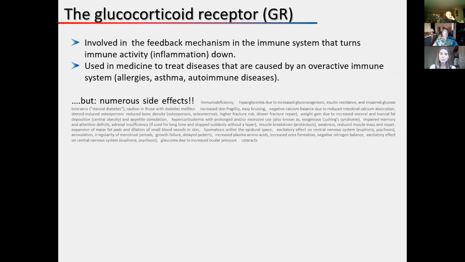So you all probably know what the glucocorticoid receptor is. Glucocorticoids are very used in medicine because they are involved in the regulation of the immune system, and so they are frequently used as medicine. The main problem of glucocorticoids is that they have many side effects.